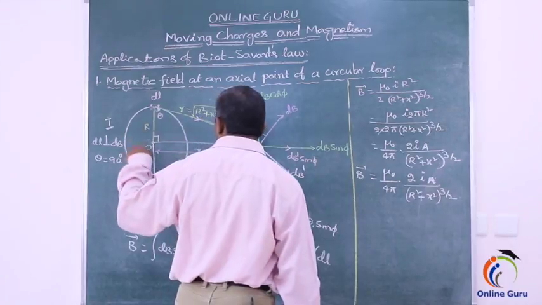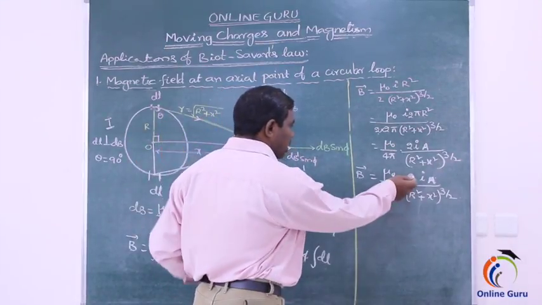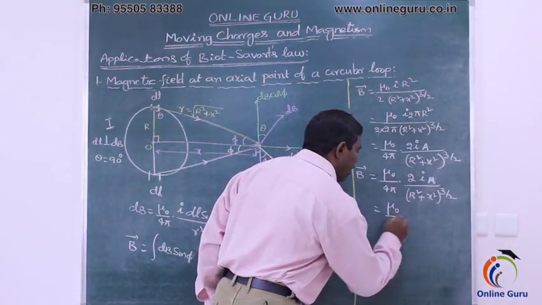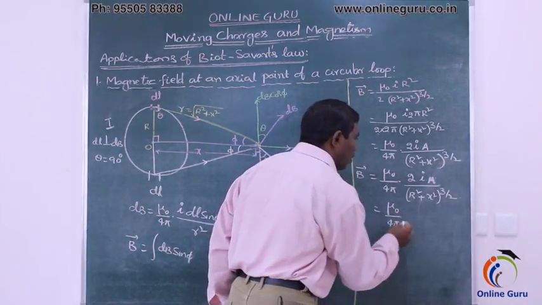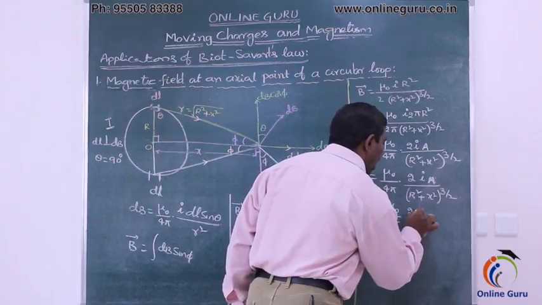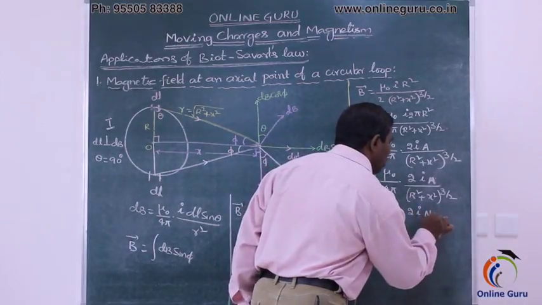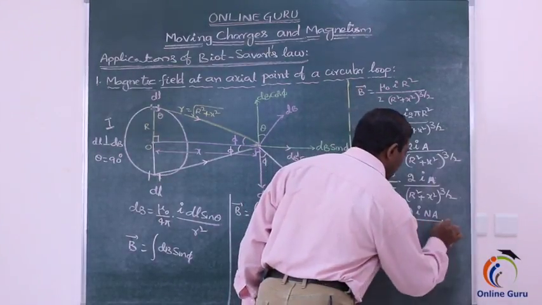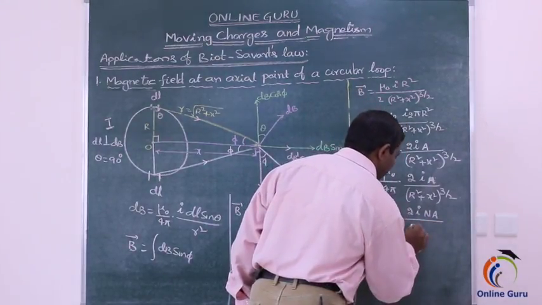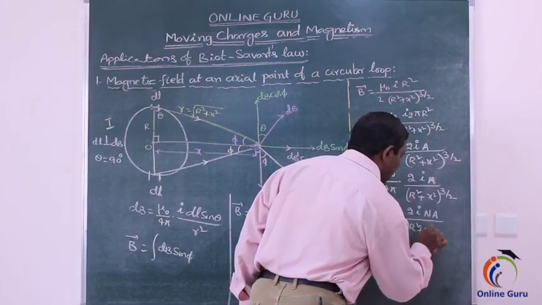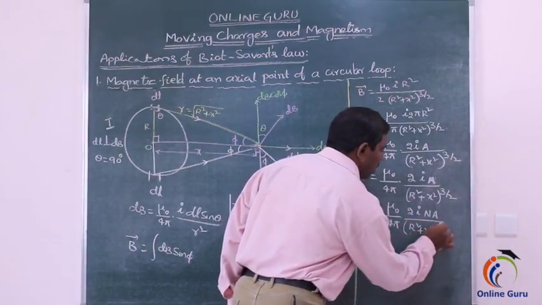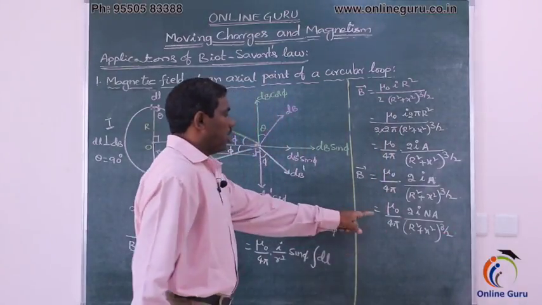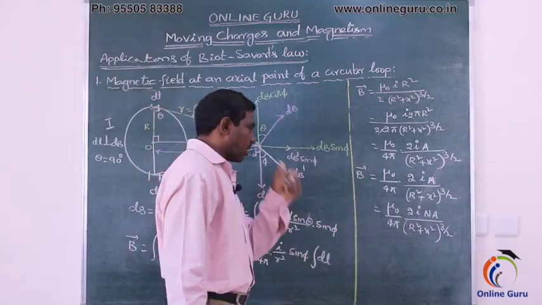Suppose this circular loop consists of n turns, this equation can be written as mu naught by 4 pi into 2I into NA, where N is the total number of turns, divided by R square plus X square whole to the power of 3 by 2. This is the equation for the magnetic induction.